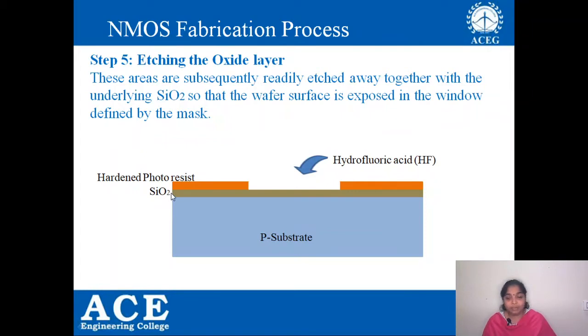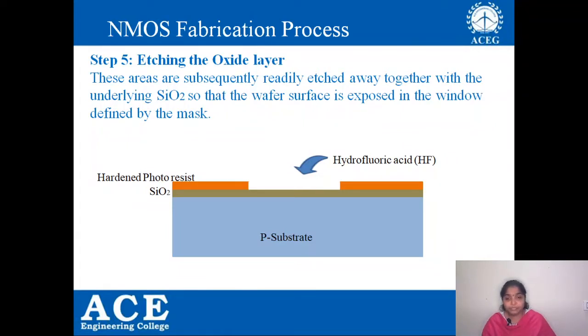Now we need to etch this silicon dioxide also. For this we will use etchants like hydrofluoric acid. This hydrofluoric acid has the power that it can smash even bones, right? By using this hydrofluoric acid, we can remove the silicon dioxide layer.